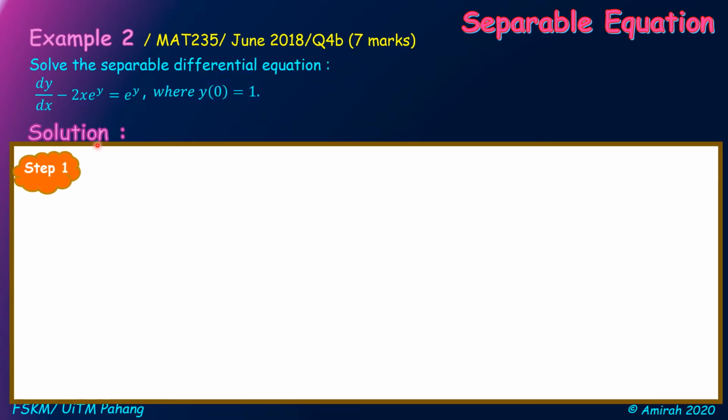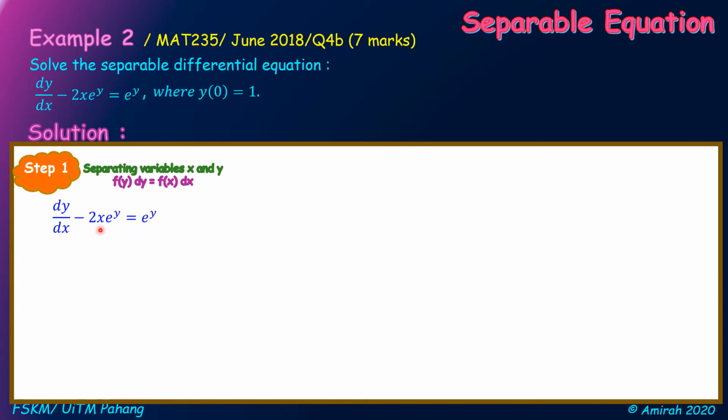When we solve using separable equations, first step, separating variables x and y. Left hand side, we write variable y with dy, and right hand side, we write variable x with dx. From the given question, we have dy over dx minus 2x e to the power of y equals e to the power of y.